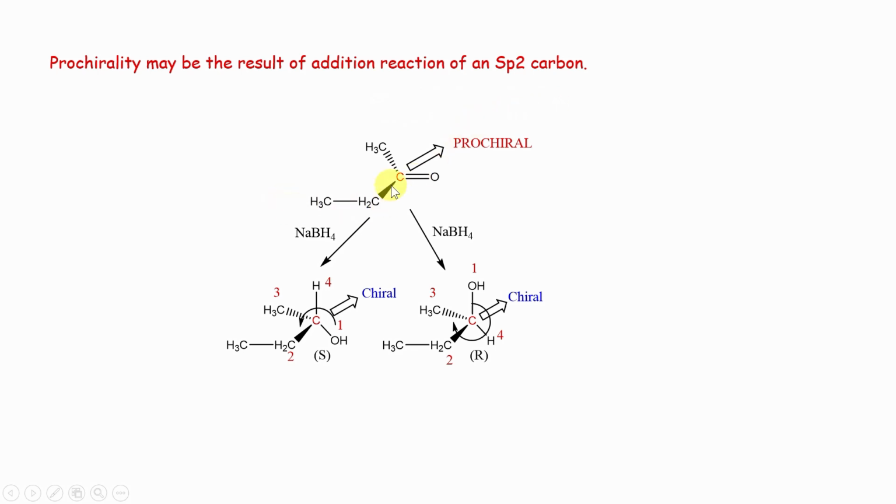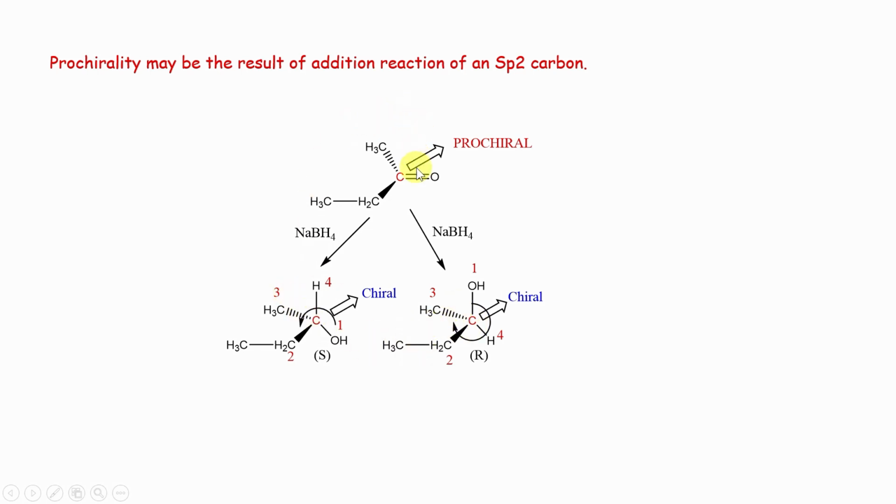Similarly, prochirality may also be the result of addition reaction to an sp2 carbon. See, for example, 2-butanone. 2-butanone has this carbonyl group, which is a prochiral center. This sp2 carbon is prochiral because upon reduction with sodium borohydride, we will get two enantiomers.